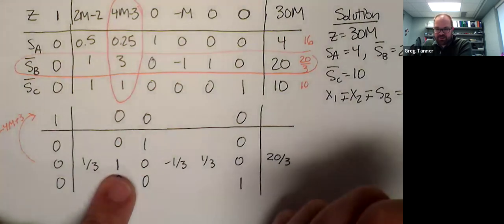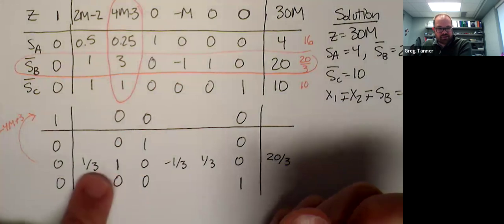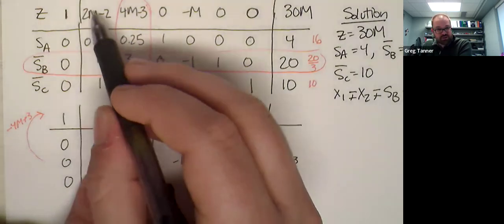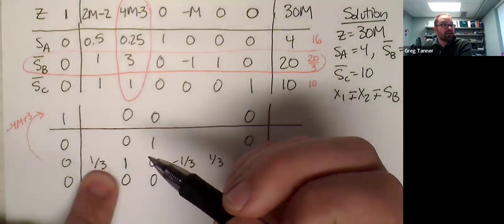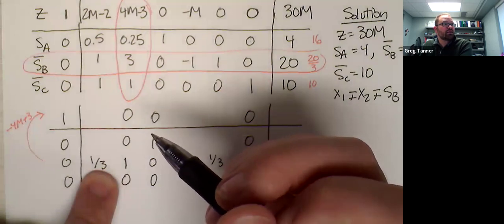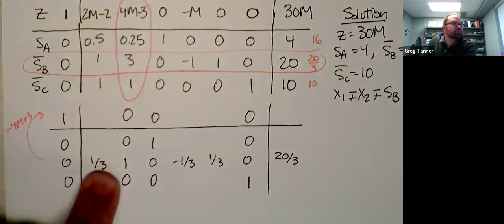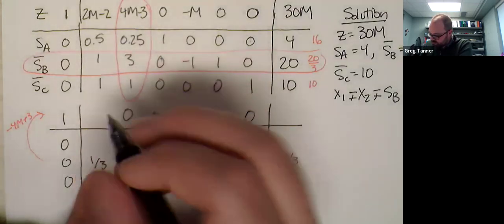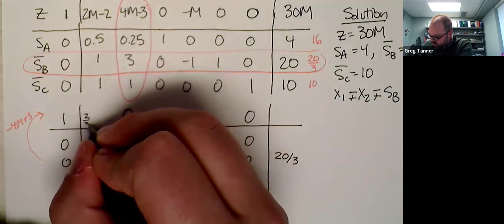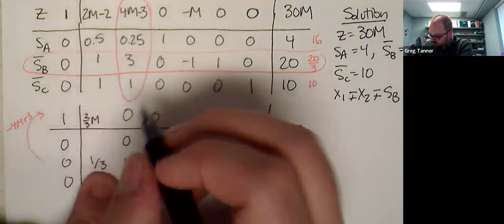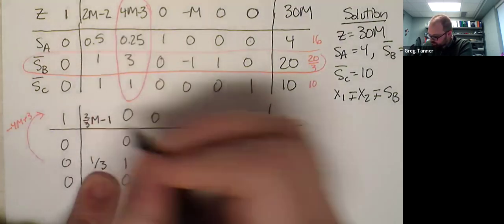It's going to be a lot easier once we do this in R. But so negative 4m plus 3 times 1/3 is going to be negative 4/3 m plus the positive 2m, negative 4/3. Negative 4/3 plus 2m is going to leave us with 2/3 m. 1/3 times 3 is 1, plus the minus 2 is going to give us minus 1.